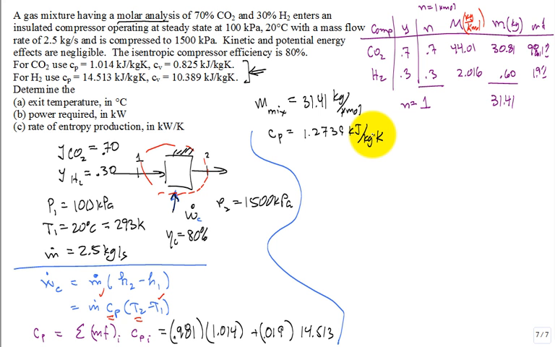Okay. How about now T2? I had to do some work to get the mass fractions, to get the specific heat of the mixture. So I'm kind of checking through this. That's now checked. I need T2. How am I going to get T2?